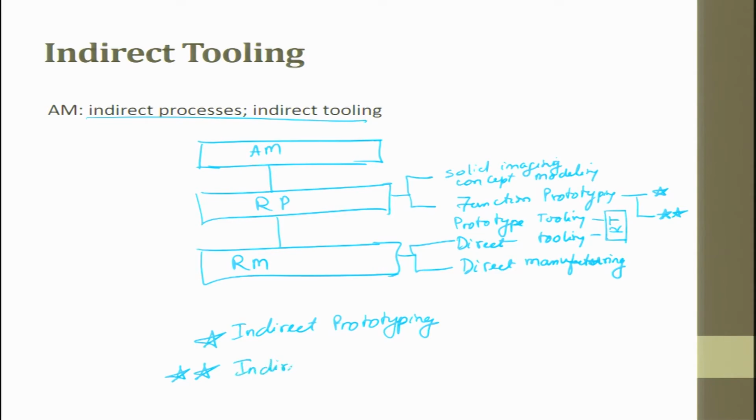So, now you can understand where this indirect tooling comes from. Okay. From rapid prototyping.